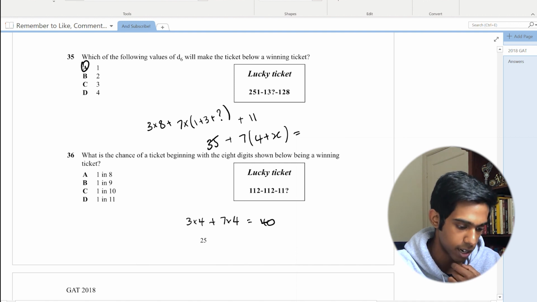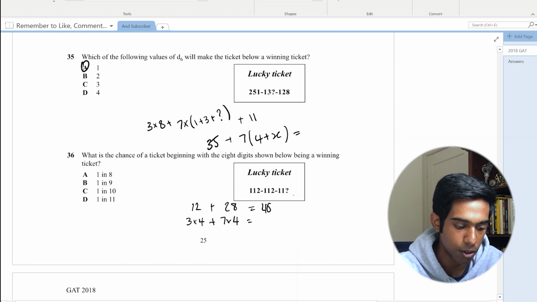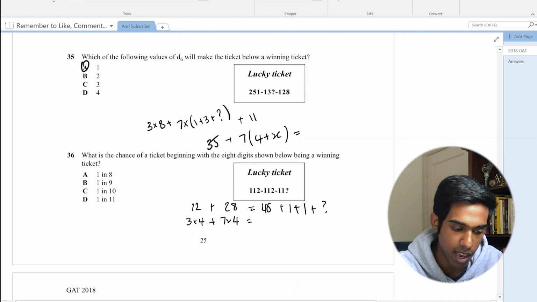I've got to check if this is right, actually. I think I might have made a mistake again. 12 plus 28 equals 40, so it's fine. So then the only other thing that we could add, so then we have to add 1 plus some number. And this number can only be 8 for it to be a winning ticket.